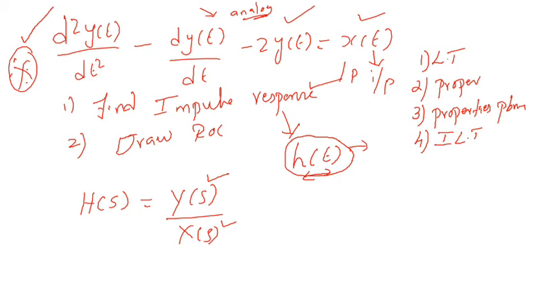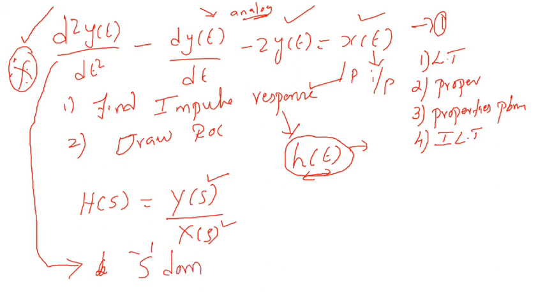So what we can do, somehow we have to convert this equation, say this is equation 1, into the s domain. If we convert it to the s domain, equation 1 will be in terms of y of s and x of s, right?